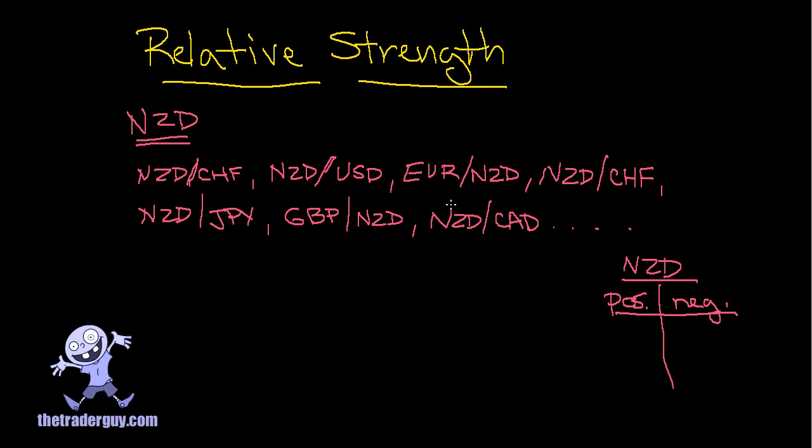And I found that the New Zealand dollar was positive in 9 of the 12 possible pairs. So I look at that and I think, okay, well, in general, the New Zealand dollar's fairly lofty.